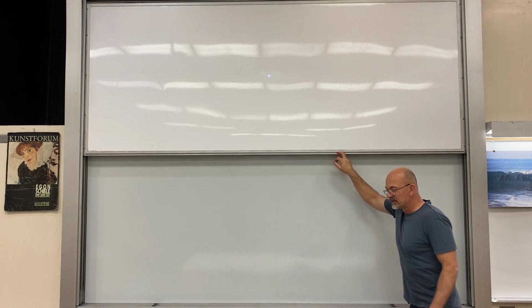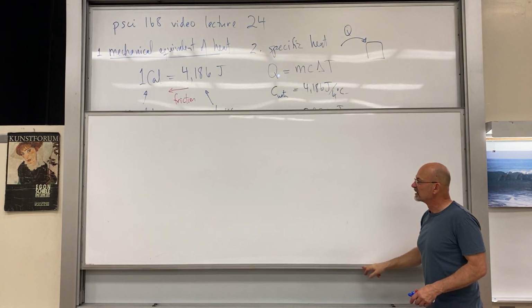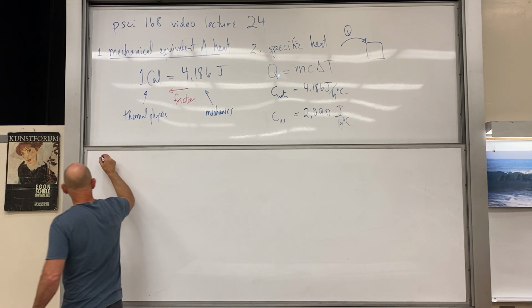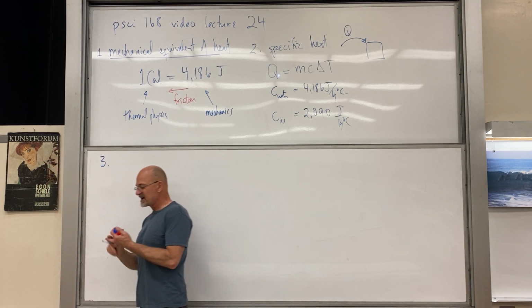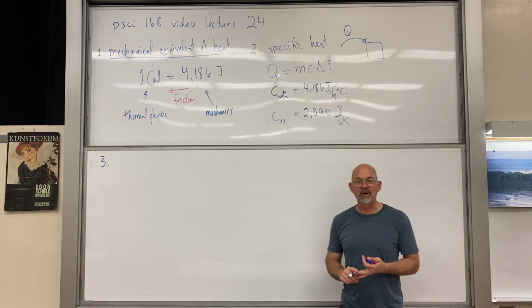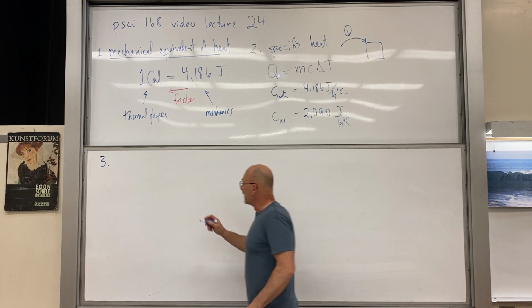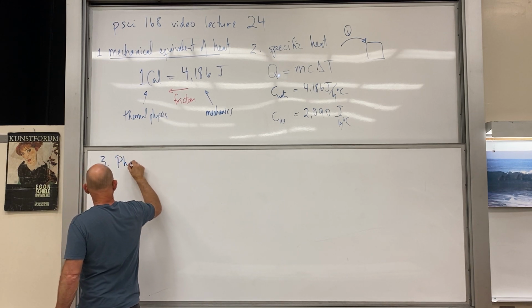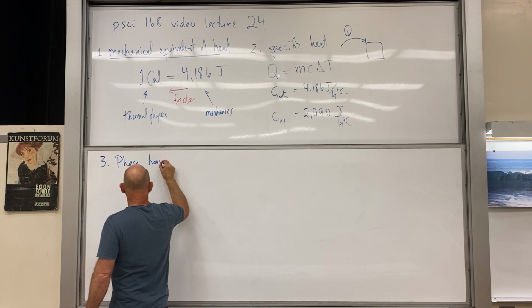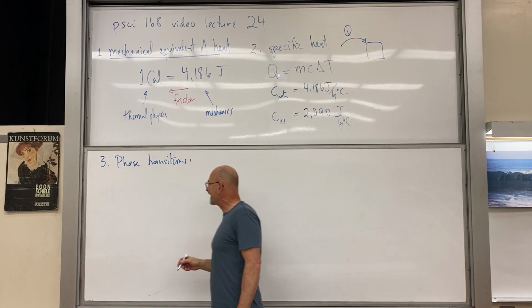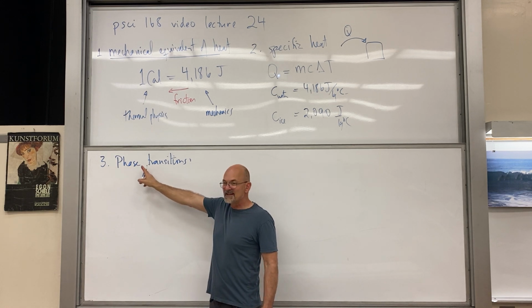Now let's go to phase transitions. This is the topic that we left off with last time. I was talking about ice melting to a liquid and then vaporizing, and that's referred to as phase transitions. Talking about the states of matter, we also refer to them as phases.